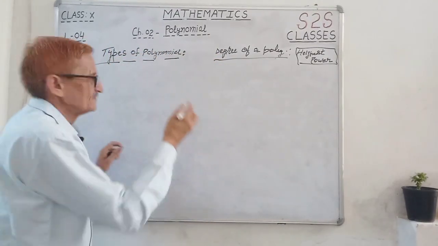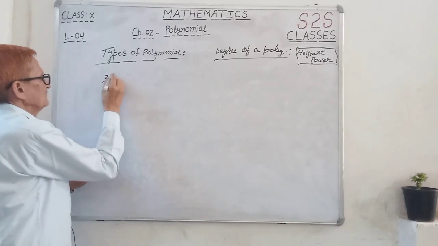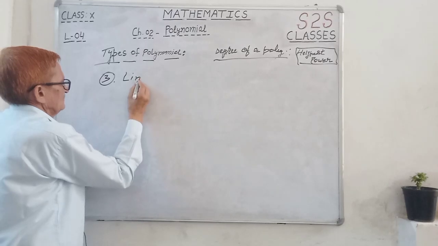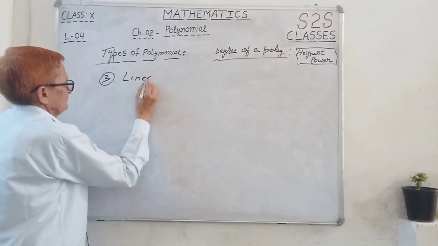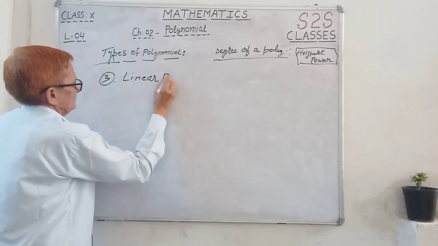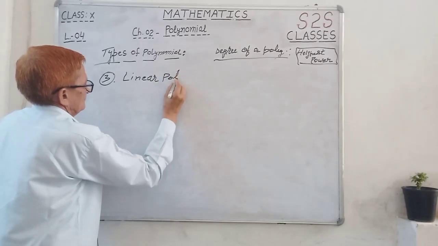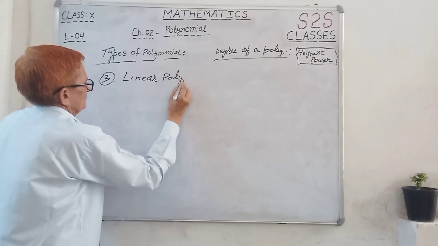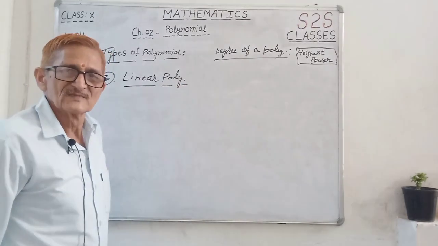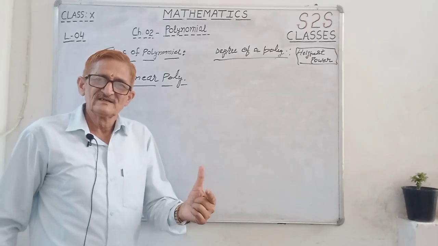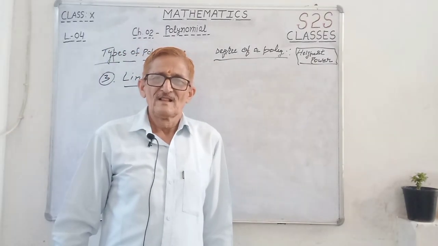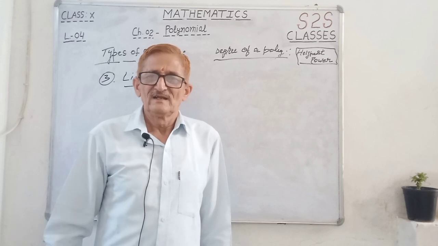Linear polynomial. The word linear means straight.